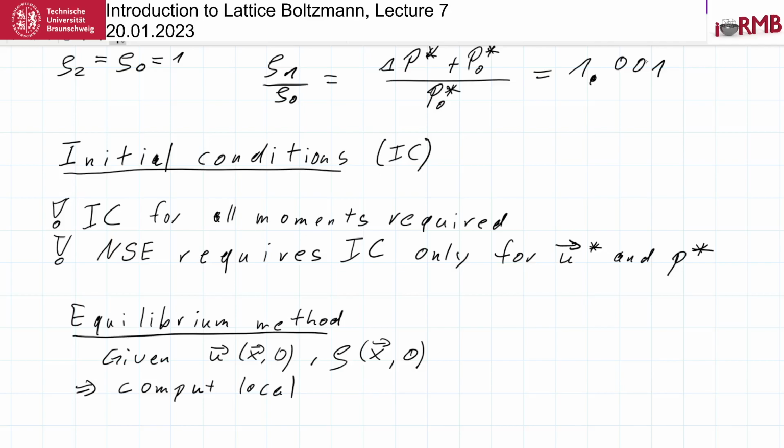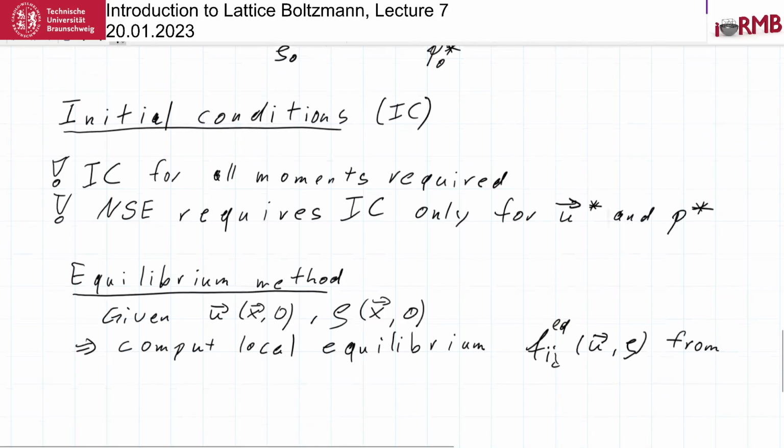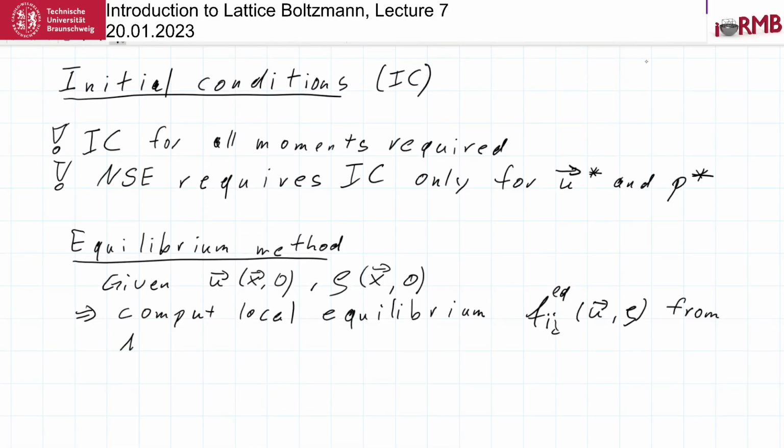Locally in every point, we compute the equilibrium and just set this as the initial condition. So this is the distributions f_ij, or in 3 dimensions f_ijk, from u and rho, and we compute them from the Maxwellian, for example, the same way we compute them in the collision operator.